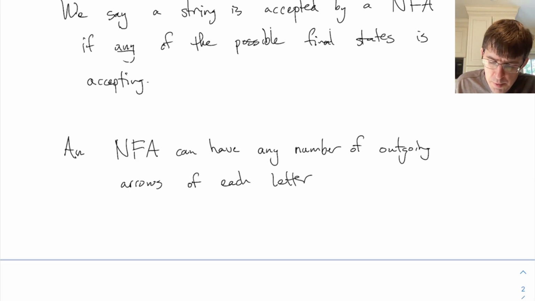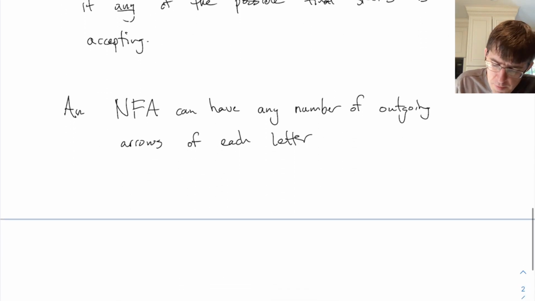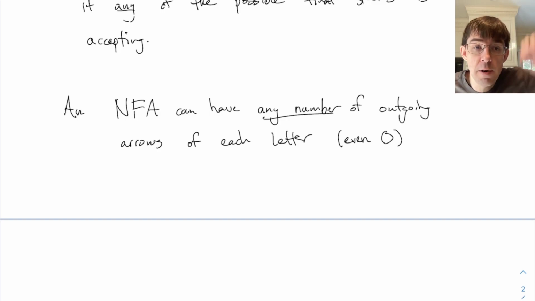In that example, there were two outgoing B's from this state. There's one there and one there. That's what made that non-deterministic. But actually, it can have any number of outgoing arrows of each letter. Just for emphasis, even zero outgoing arrows of a letter is allowed.